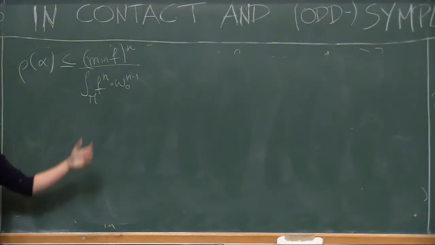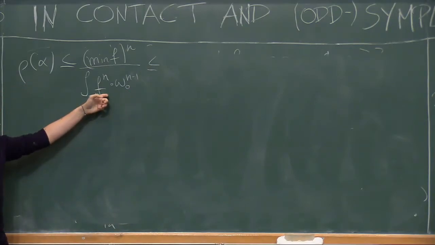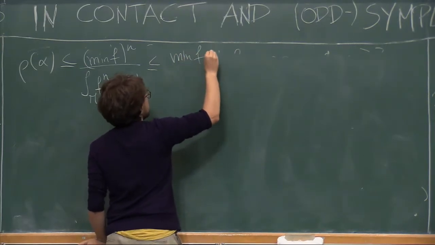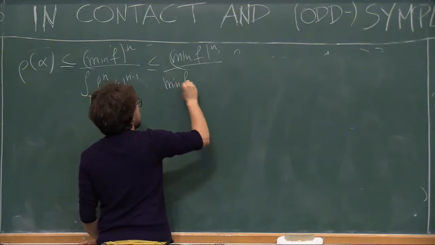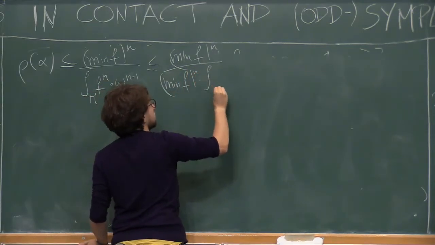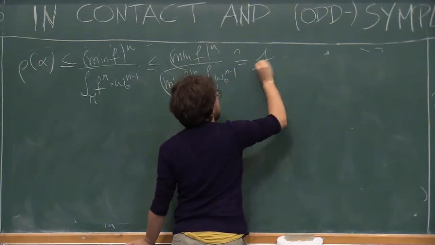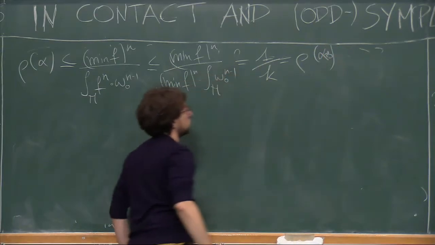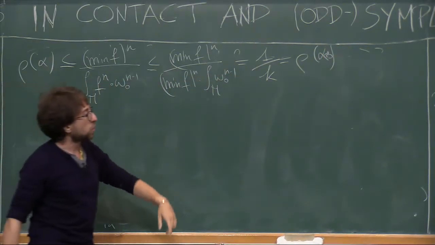And here I can just use the minimum of f below. And here I get times the integral of M omega naught to the n minus 1. So this is just 1 over k, which is also rho of alpha naught. So we see that in this case the systolic inequality holds.